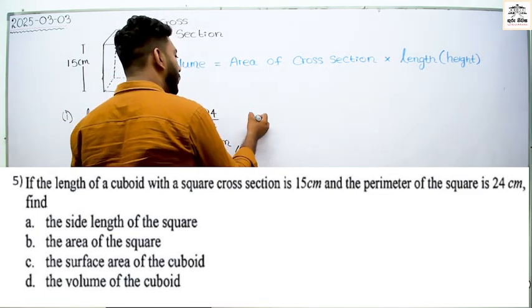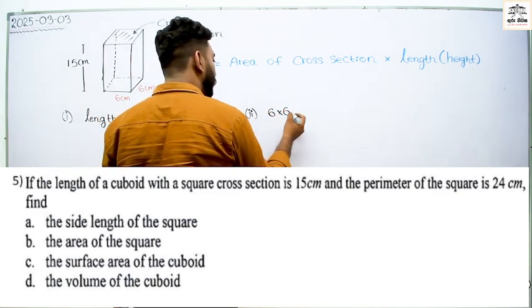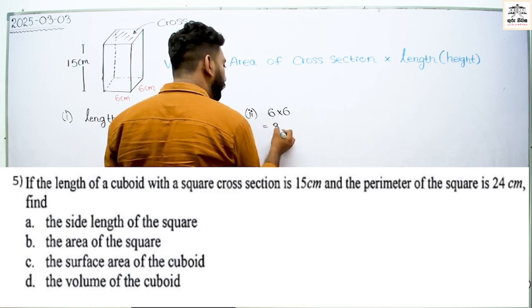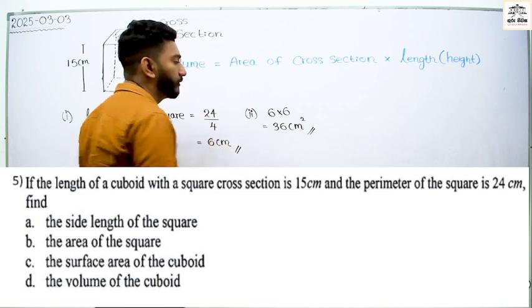Area of a square means 6 times 6. It becomes as a 36, but unit is a square centimeters.